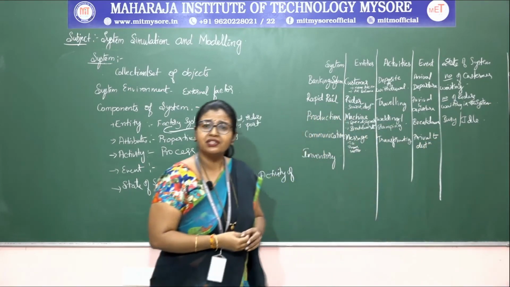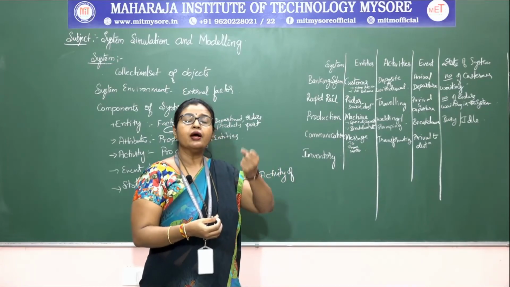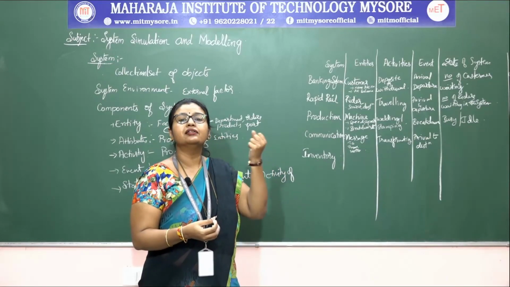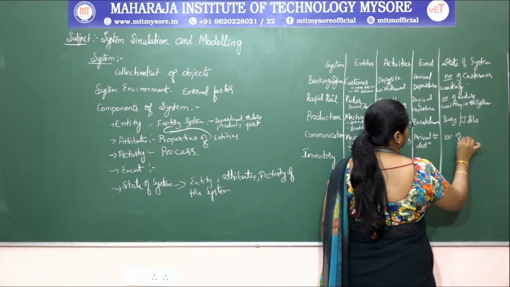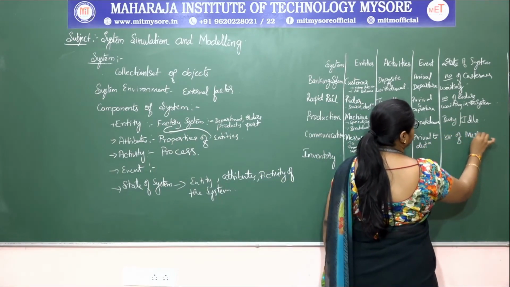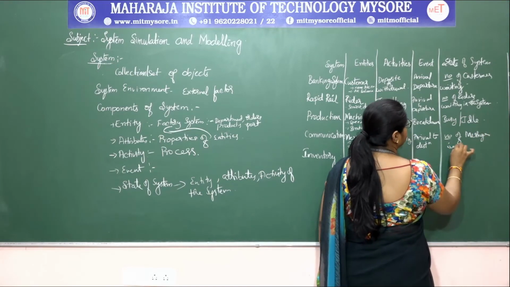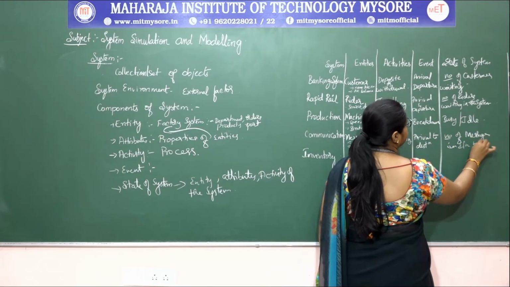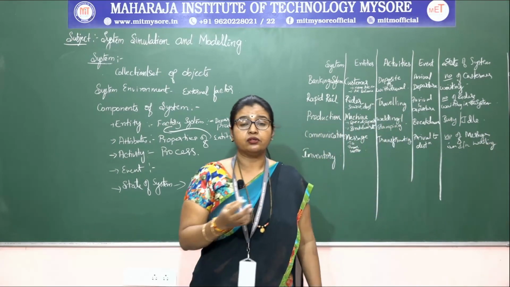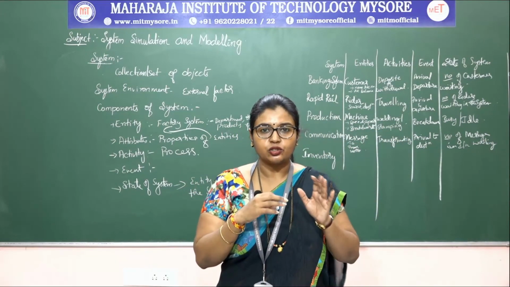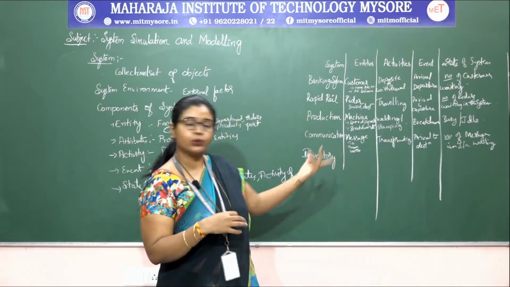Then what is the system state? The number of messages waiting in the inbox, or in the waiting line to be delivered. If the line is busy, then it has to wait. So those are the two things we can consider.